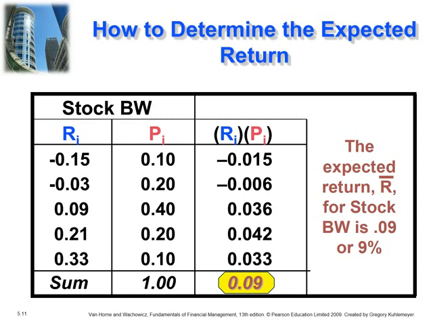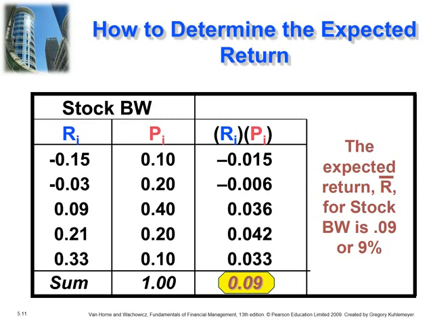So to calculate or to find the R bar, I have to multiply each possibility by its related Pi. In the first row, I will multiply negative 0.15 by 0.1. In the second row, negative 0.03 by 0.2.